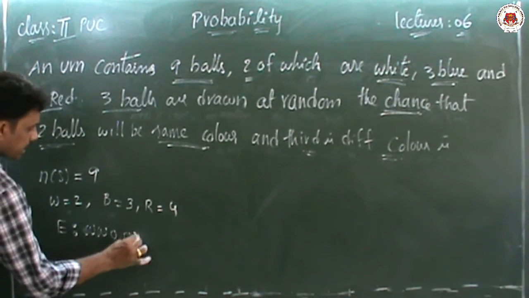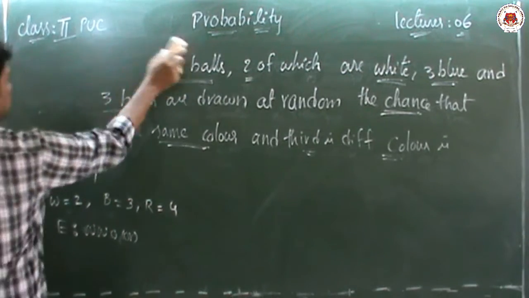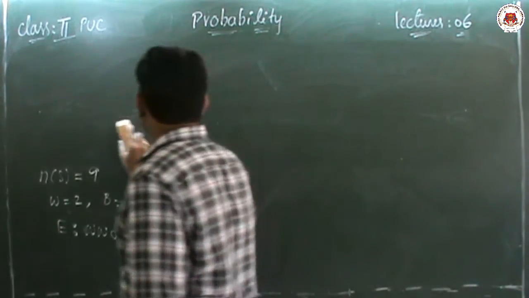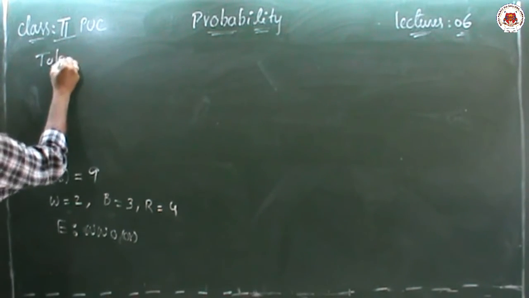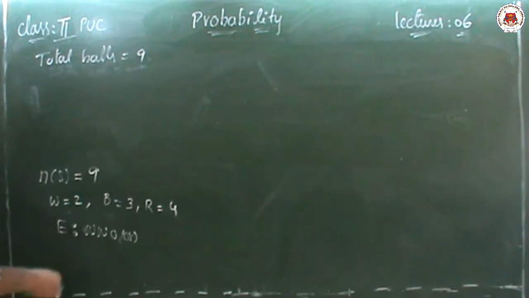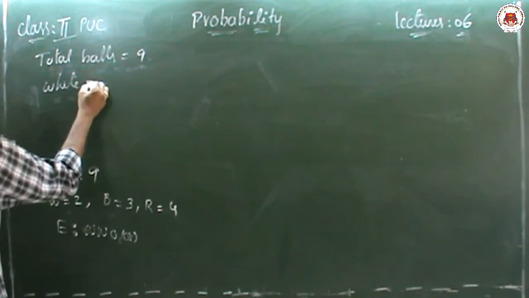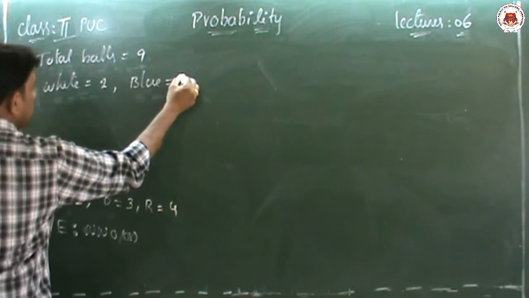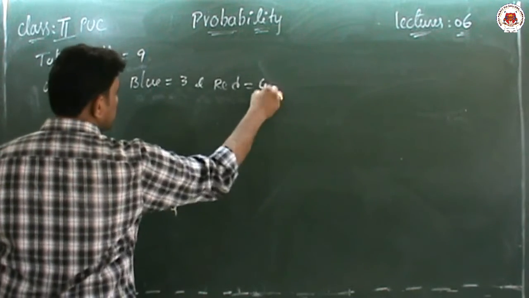What is the meaning? I am going to rub this because of insufficient place, so one more time I am writing everything. Total balls: 9. White balls are 2, blue balls are 3, and red balls are 4.